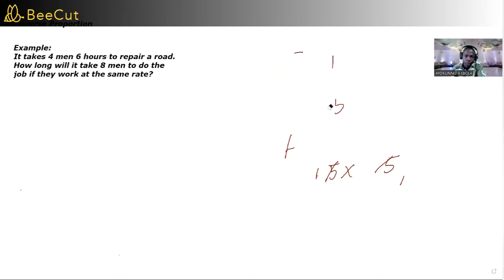Okay, so what kind of proportion do you think this is, and why? Yes, tell me, Daniela, what kind of proportion do you think this is, and why? Is it going to be direct?